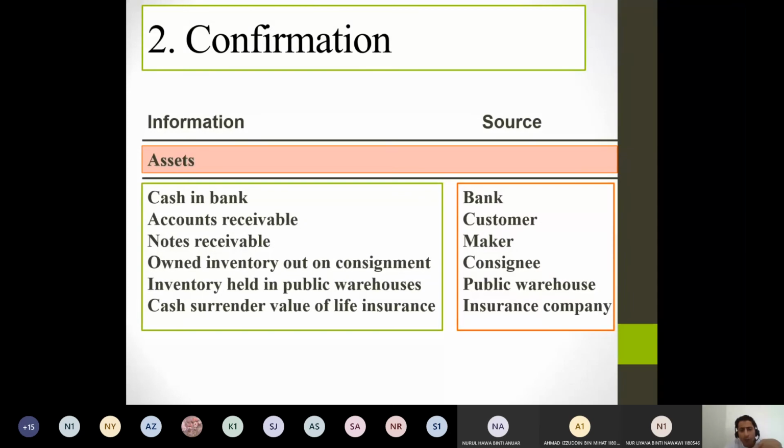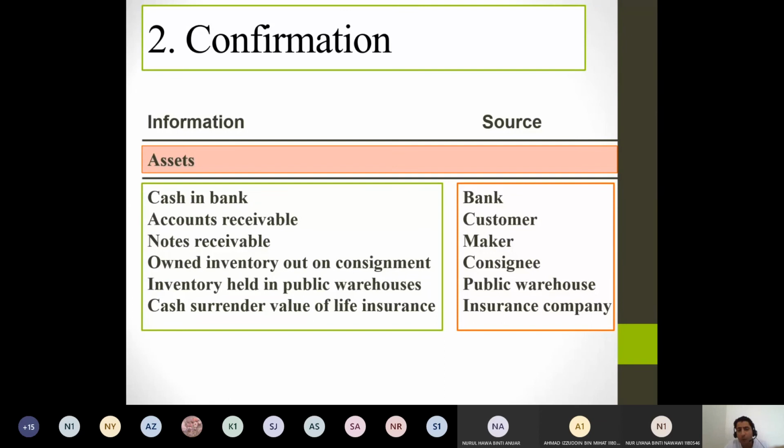So how to confirm? On the left side we have the assets, and in the right square we have the source. So to confirm those assets, we need to go from the left side to the right side to confirm. So for cash in bank, we need to acquire confirmation from the bank.